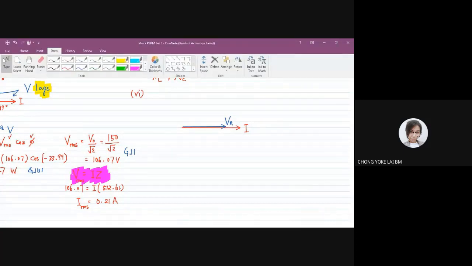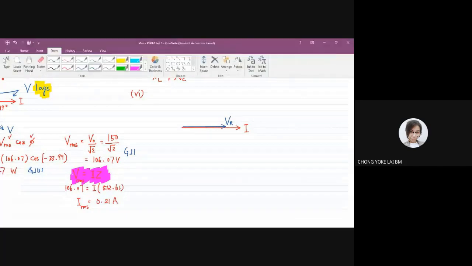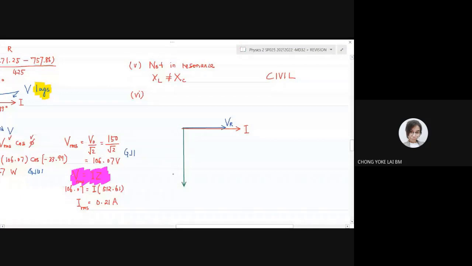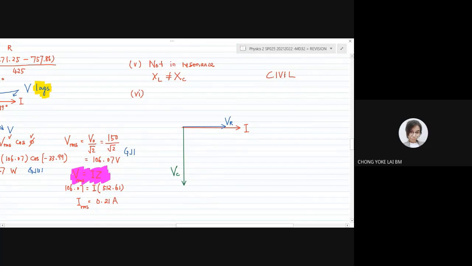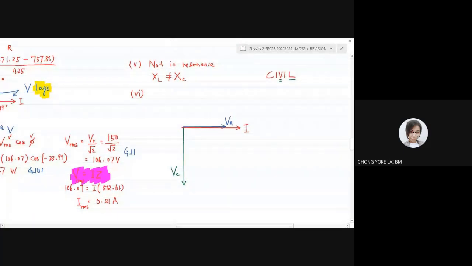How about VC? Dalam kapasitor, current lebih cepat. So VC duduk bawah. Dan VC kita ni panjang sikit lah. Kenapa? Sebab nilai XC kita besar. So this is VC. Dan for inductor, voltage leads current. Nampak? Untuk inductor, voltage duduk depan.